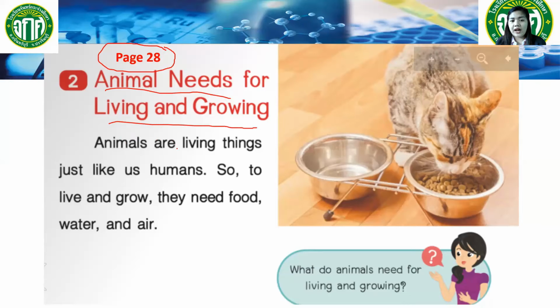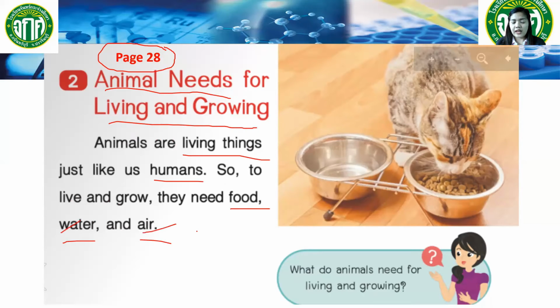So animals are living things, right? Yes or no? Yes. Animals are living things just like us humans. To live and grow, they need food, water, and air. Just like humans, to survive, they need to eat their food, drink water, and breathe air.